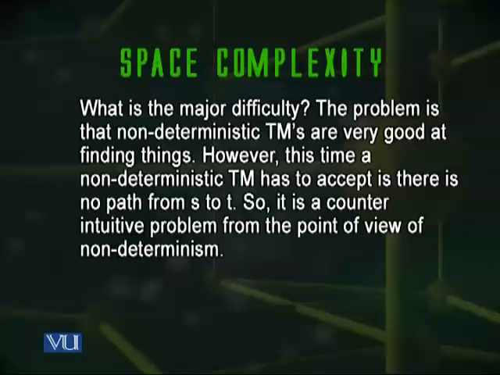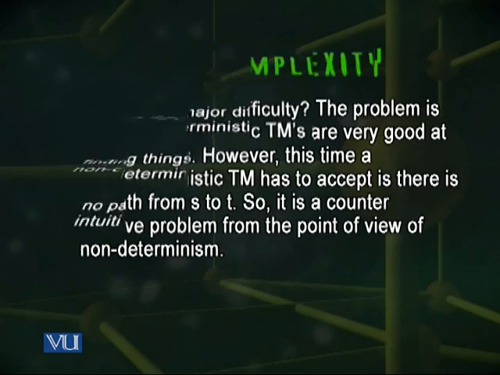Well, let's first think about what is the major difficulty. The problem is that non-deterministic Turing machines are very good at finding things. However, this time we are asked that non-deterministic Turing machine should accept when there is no path from S to T. So it is a very counterintuitive problem from the point of view of non-determinism.